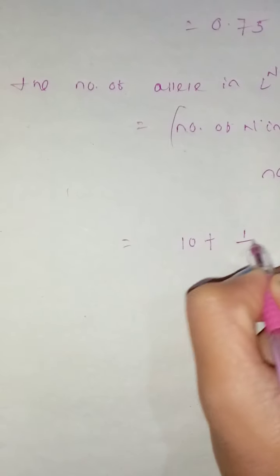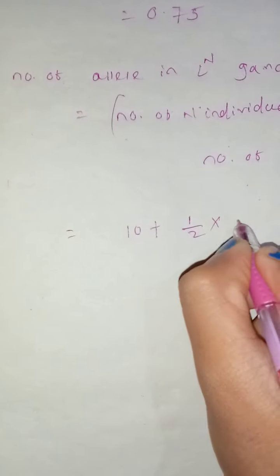So number of N individual is 10 plus half into number of MN individual, 30.